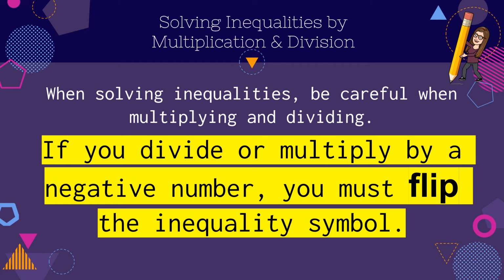If you divide or multiply by a negative number, and it has to be divide or multiply, you must flip the symbol. If you want to know more about the why for that, send me an email. I can provide you with some descriptions or some video links. For now, let's worry about the technicality. If you divide or multiply by a negative, you've got to flip.